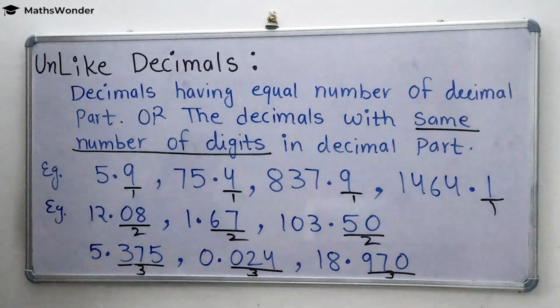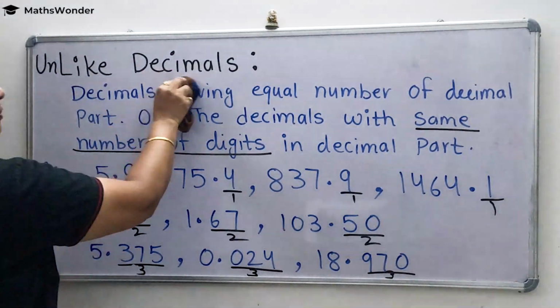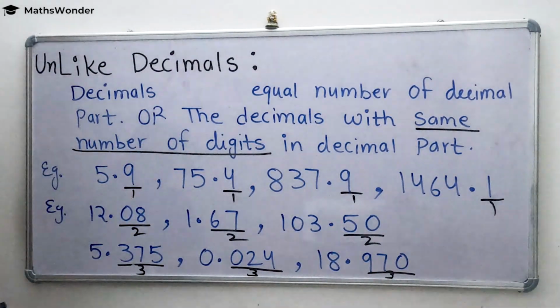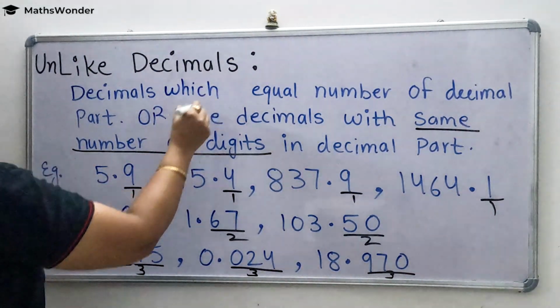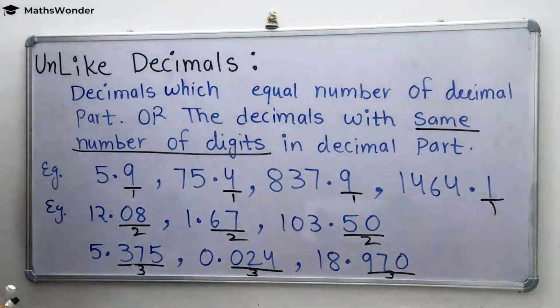Unlike decimals are decimals which do not have an equal number of decimal places. Decimals which do not have an equal number of decimal digits are called unlike decimals.